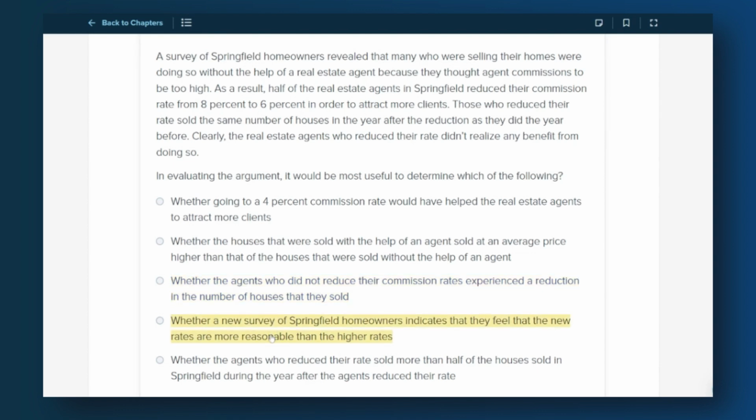D, whether a new survey of Springfield homeowners indicates that they feel that the new rates are more reasonable than the higher rates. Again, this is about the customer's experience, but we're talking about the agent's experience.